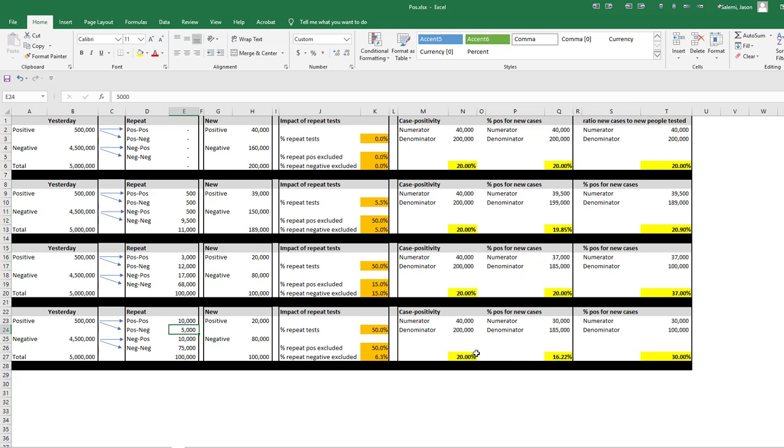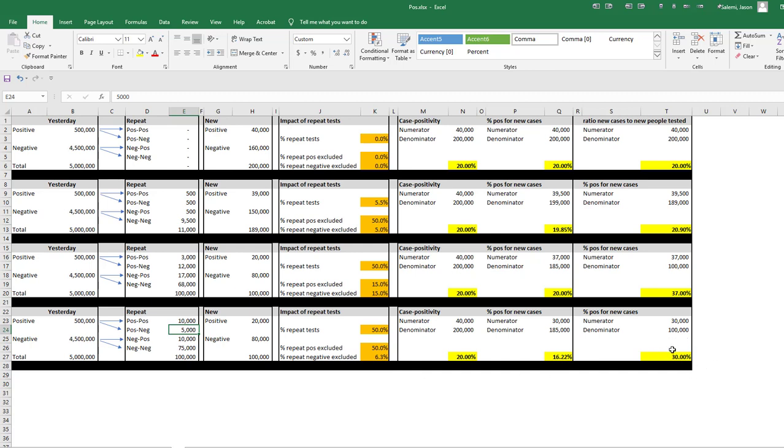Now you start to see the differences between the case positivity and the percent positivity for new cases, right? In this case, it's 20% versus 16% because I have a lot of repeat tests and I'm treating the repeat positives very different from the repeat negatives. That proportion that I'm throwing out is quite different.